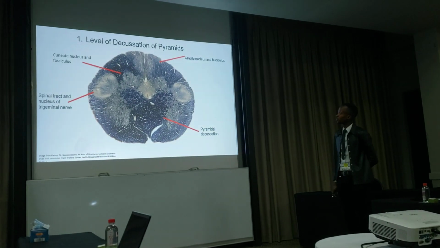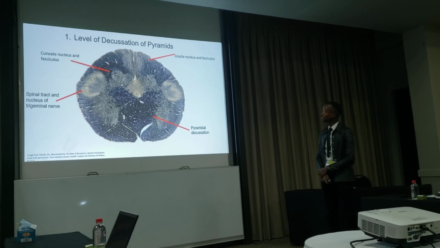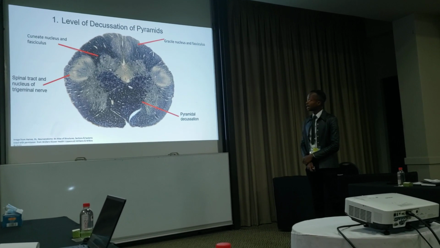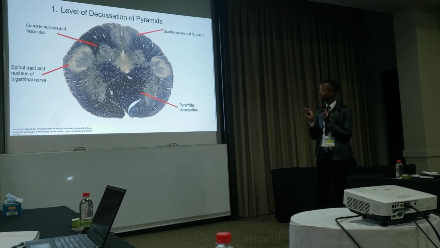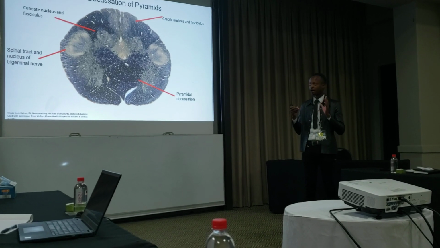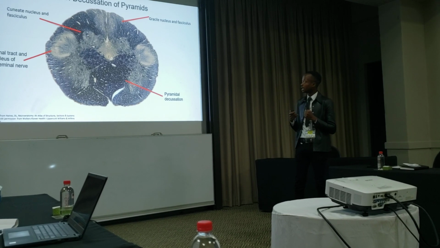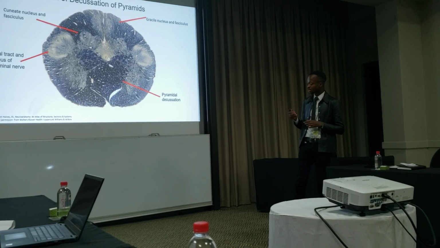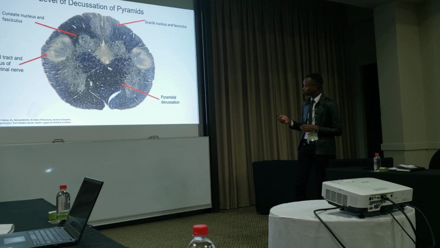Okay. So this is a picture that is showing us the level of decussation of the pyramids. And to make it a bit more simplified, if you remember the structure of the spinal cord, how you have the ventral horns and the dorsal horns, as well as the white matter, that same structure is going to be noticed in this kind of specimen.